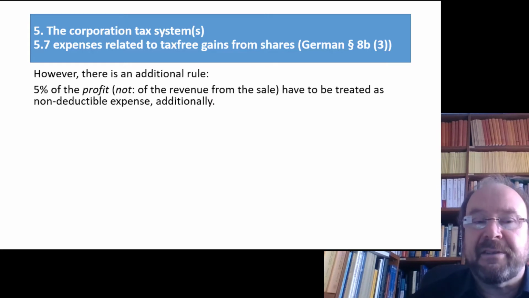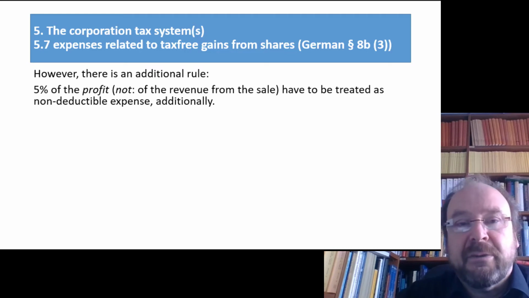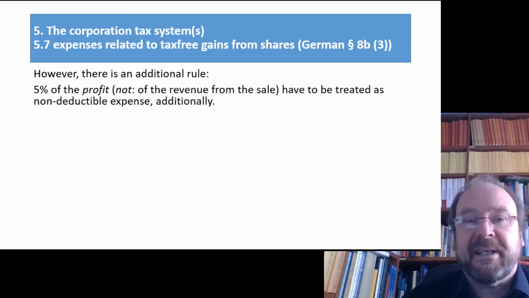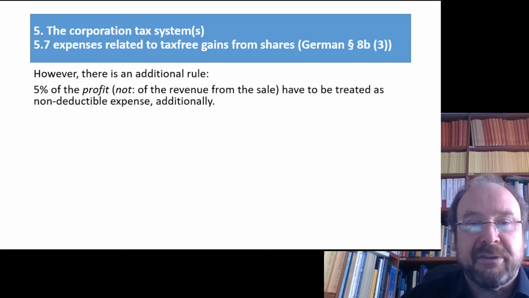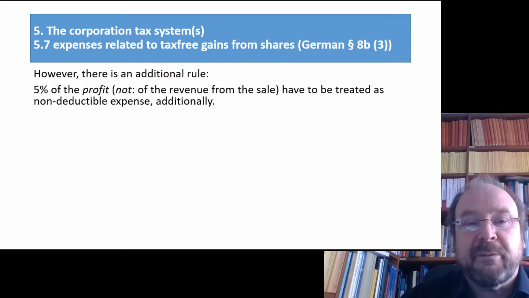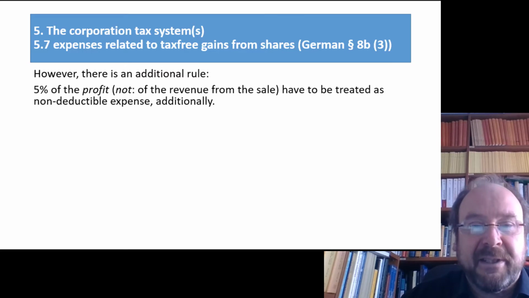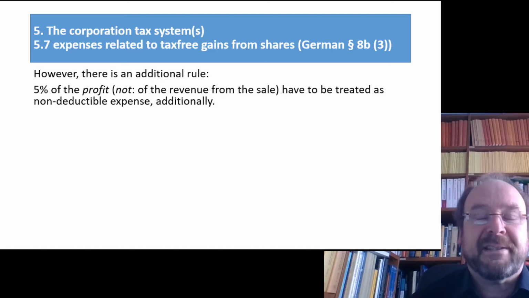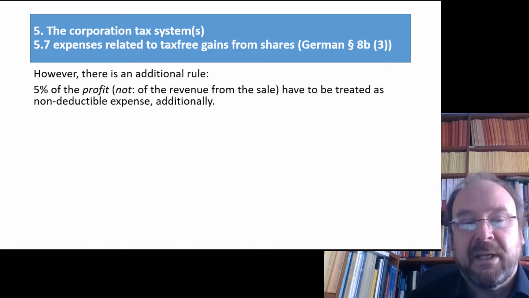Now, there is another additional rule. You remember another problem or idea which we had was that dividends and gains from shares should be treated alike. Now, when we have dividends which we collect, there was in that constellation a rule that 5% of the dividend coming in is to be treated as a non-deductible expense.